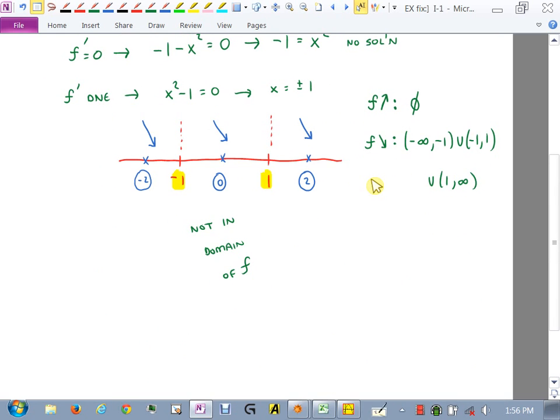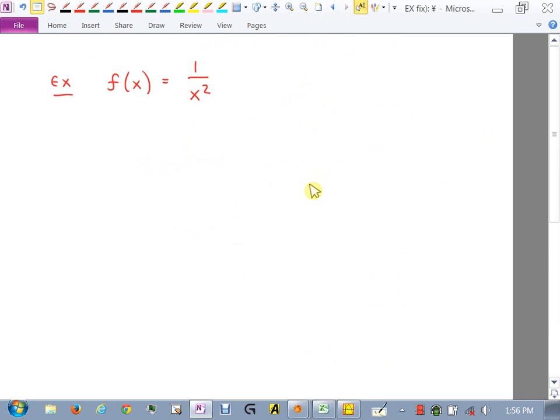There are none. You have to have the change, increase to decrease, to have local max min. Okay, what about this one? Take your derivative.